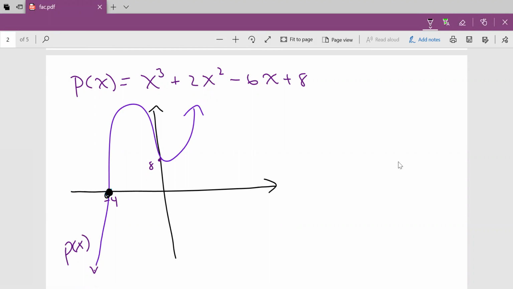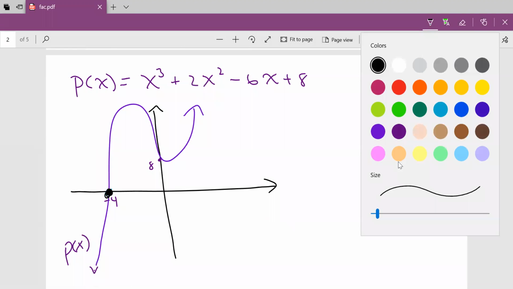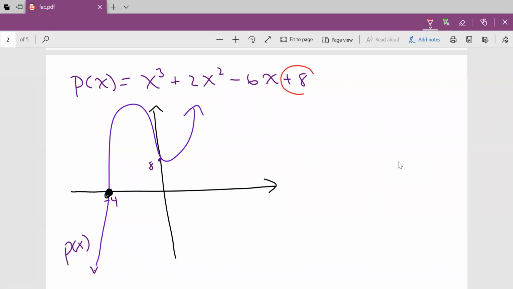So, going back to the remainder theorem, I would list my potential zeros by looking at my constant term. So my possible zeros of P(x) are all of the factors of 8.